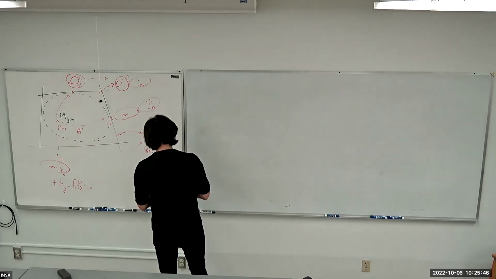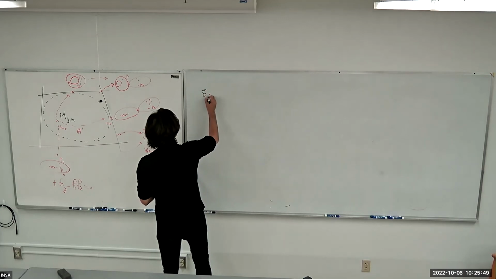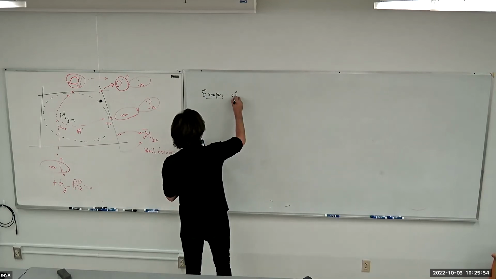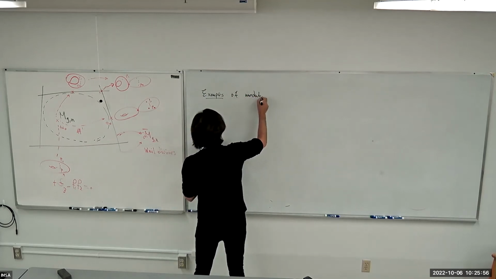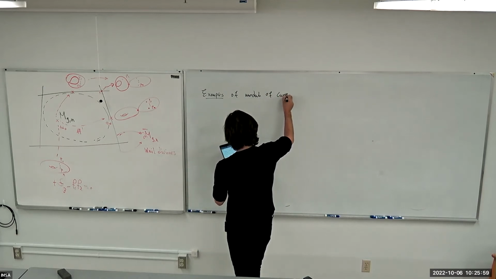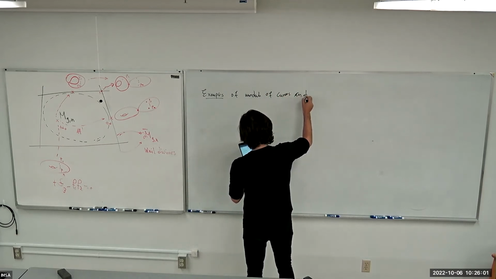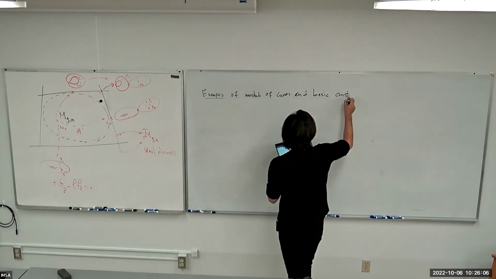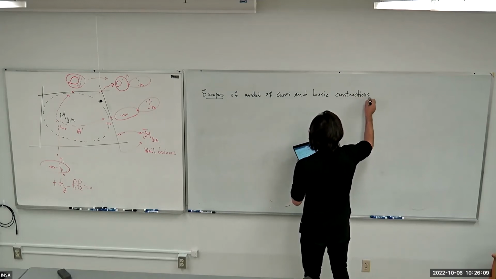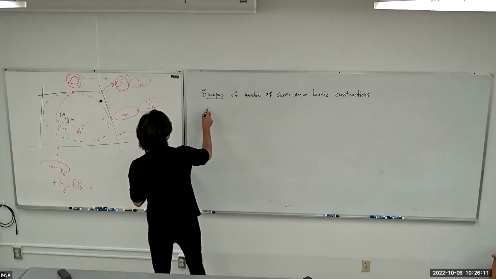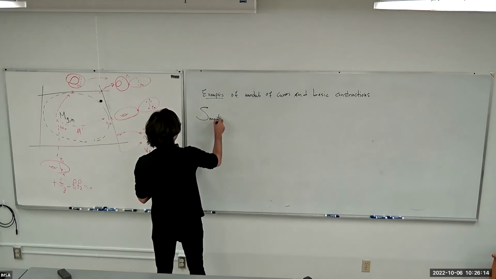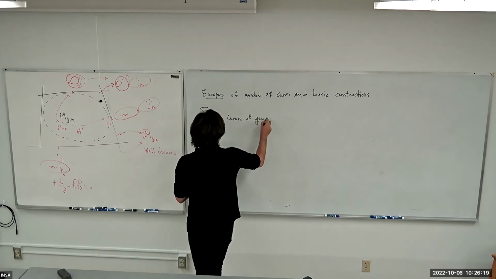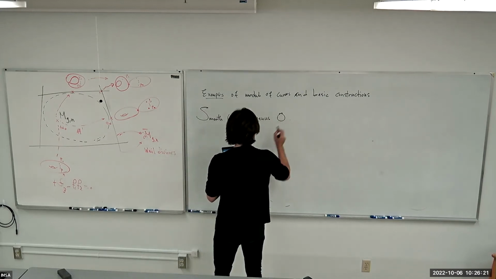So this is that. Now, examples of moduli of curves and basic constructions. So smooth curves of genus 0.